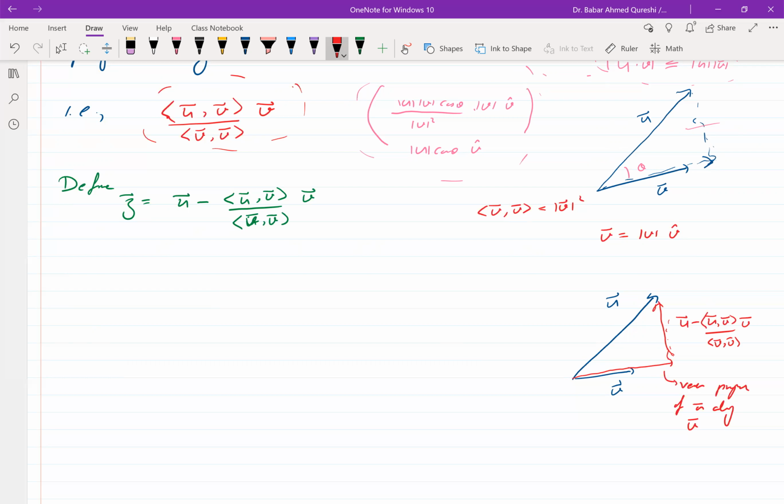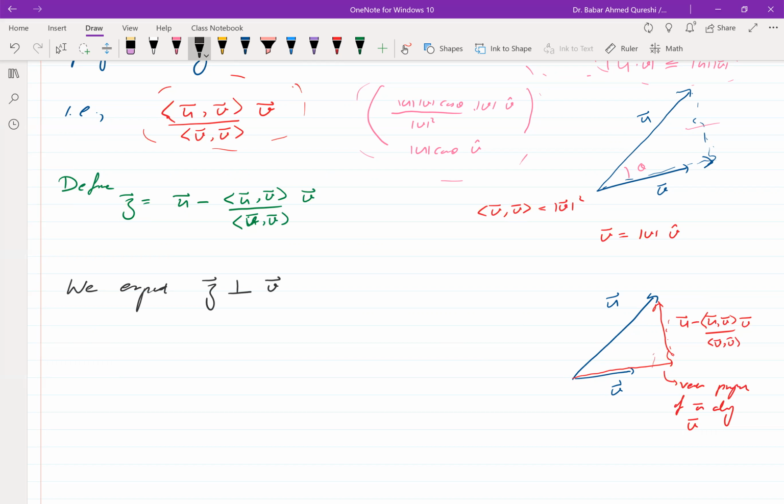And obviously, from this figure, it has to be orthogonal. So that's why I constructed this guy. My expectation is that this z, which is the difference of u and its projection along v, should be perpendicular to v.